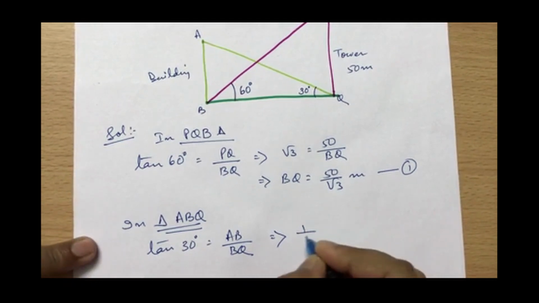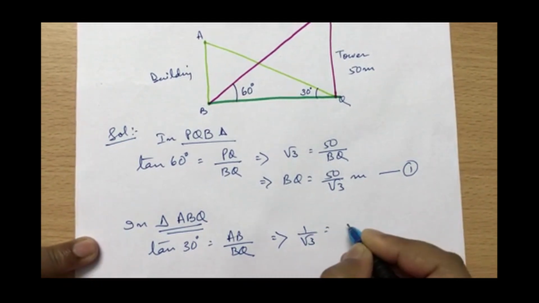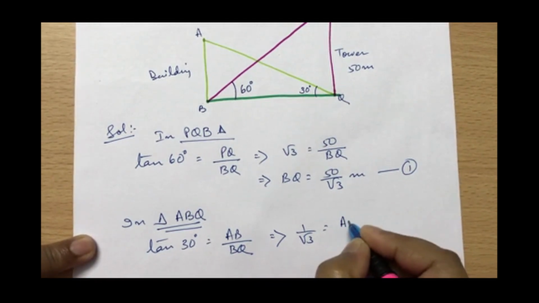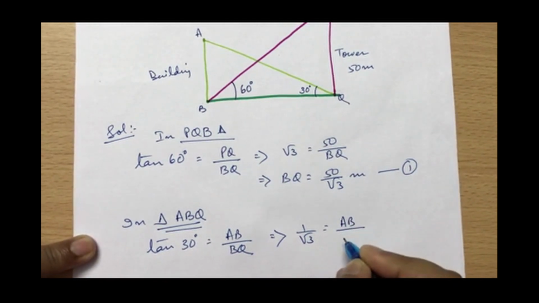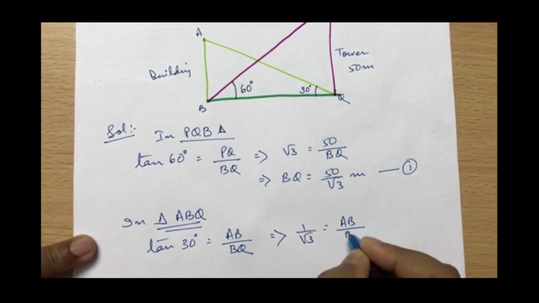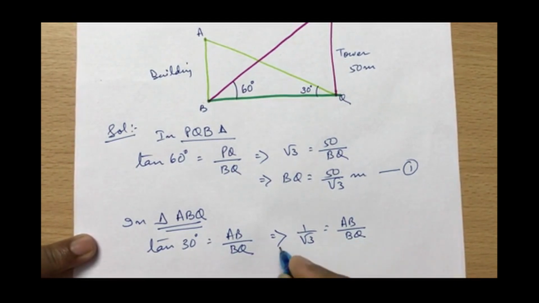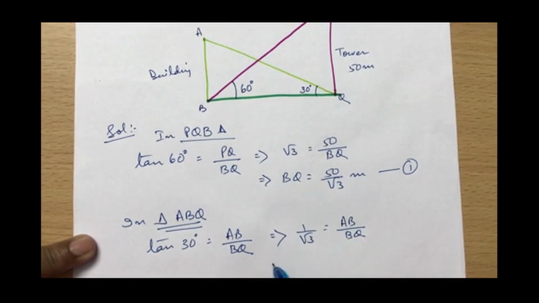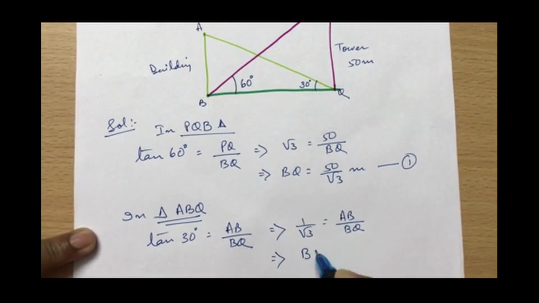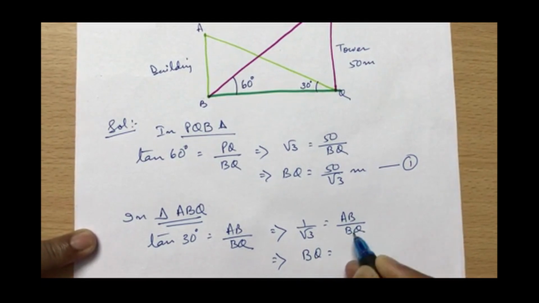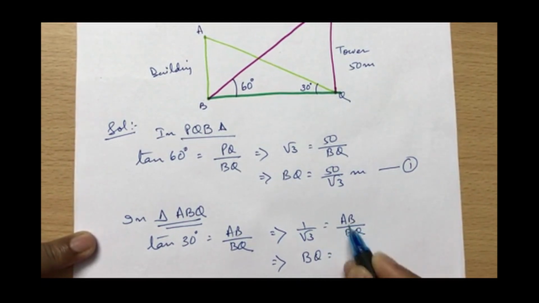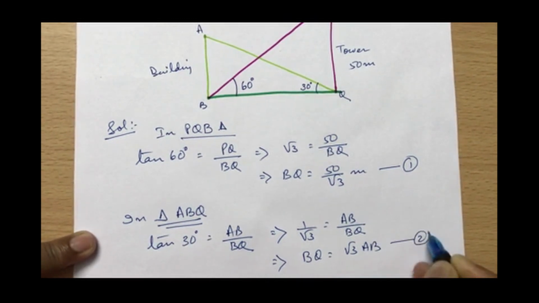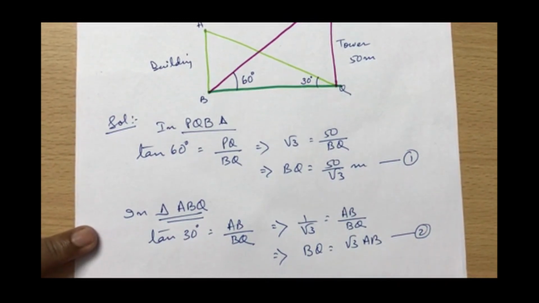It is 1 by root 3, is equal to, let the building be AB, and BQ. So now here I have got BQ is equal to 50 by root 3. What will be BQ? It is equal to root 3 AB. Name it as equation number 2.